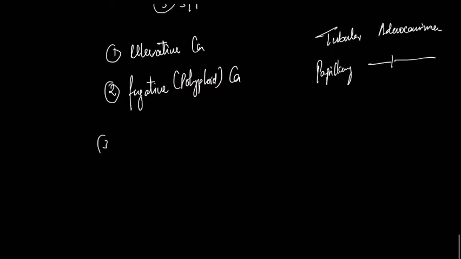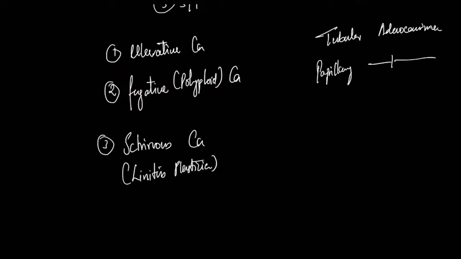The third subtype is your scirrhous carcinoma, which is also known as linitis plastica, which has a microscopic pattern of signet ring cells.